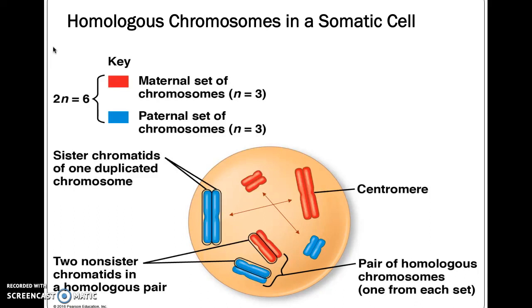It can be a little bit confusing with the different terms. So overall, there's 6 chromosomes. It's a diploid cell, so there's 3 different kinds of chromosomes. And I don't know that you'll ever be asked, but grand total, you have 12 sister chromatids.